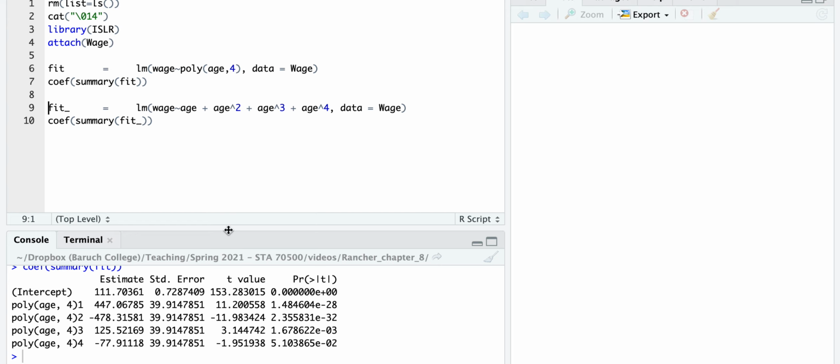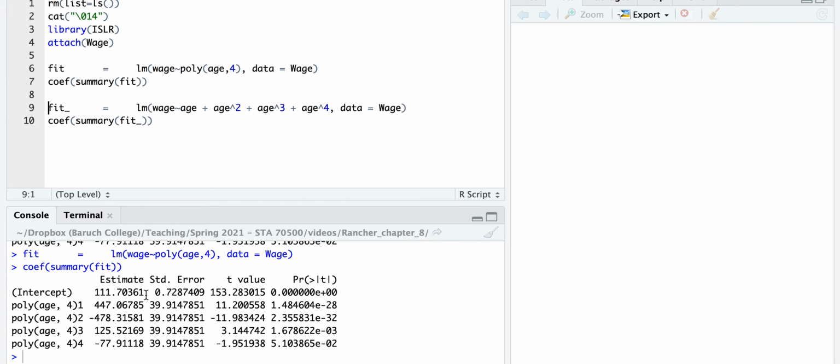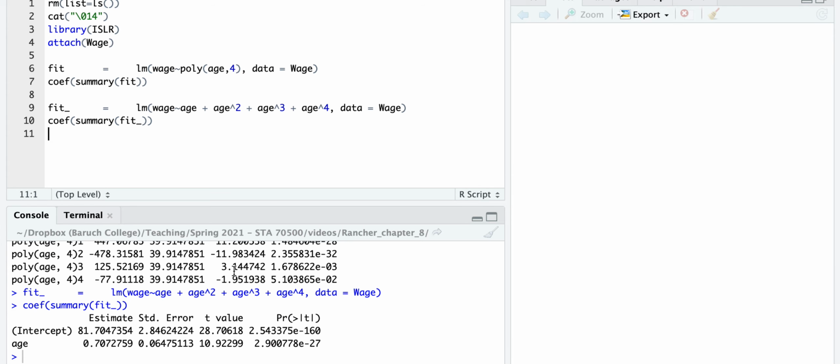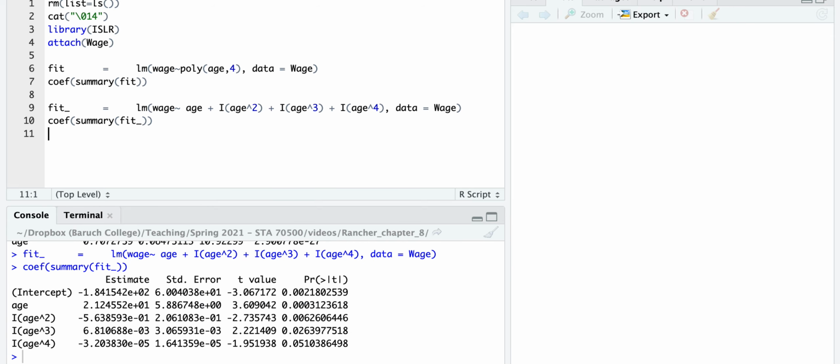Okay. These are the estimated coefficients, right? And then here we can do this again. Okay, so we have to use the I. This I is different from the indicator function.